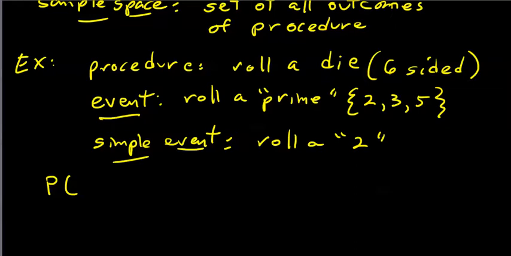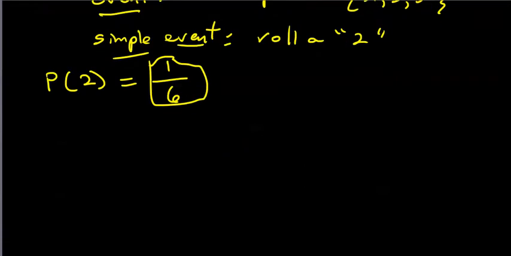Let's say the probability of rolling a 2 in this experiment. Well, I think everybody would agree you've got one way to roll a 2 out of 6 ways to roll a die, so the probability of rolling a 2 in this experiment is 1/6, right? Alright, let me formally sharpen that definition up a little bit.